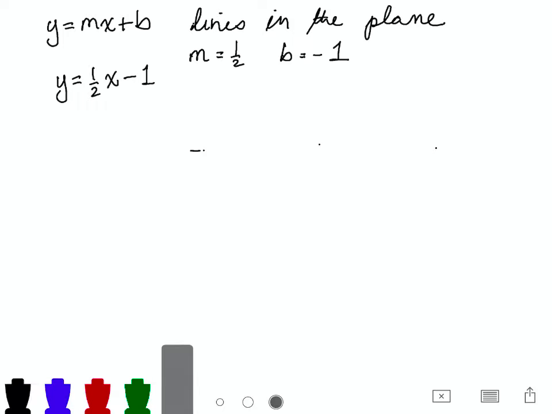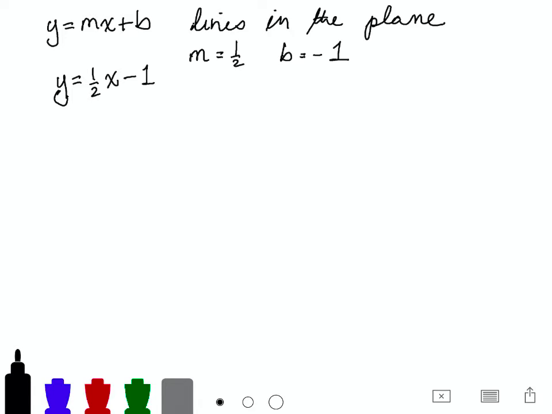Now, as I said before, we only need 2 points that satisfy this equation in order to graph the line. And it turns out that there are 2 points that are quite easy to find for any linear equation.